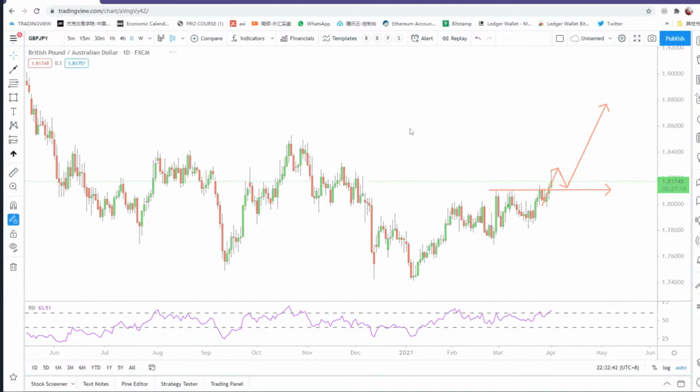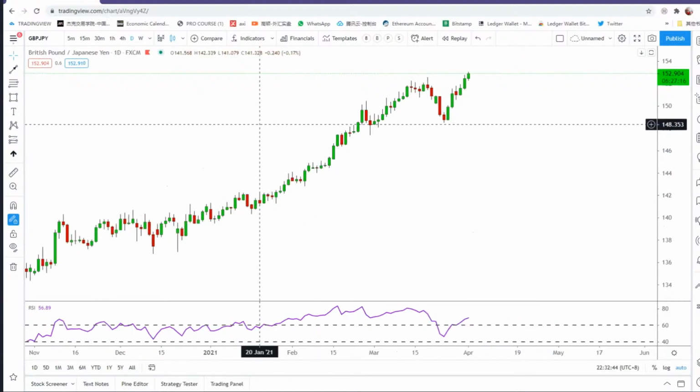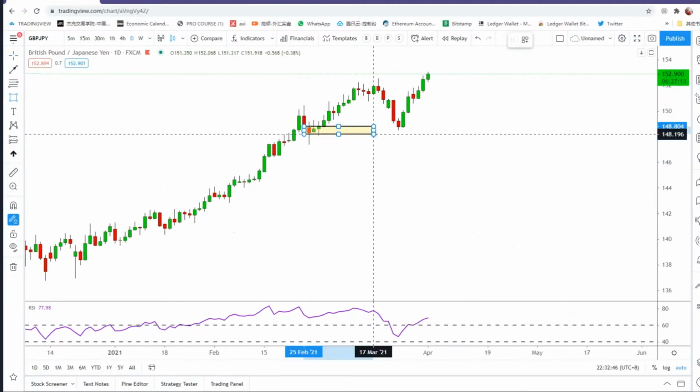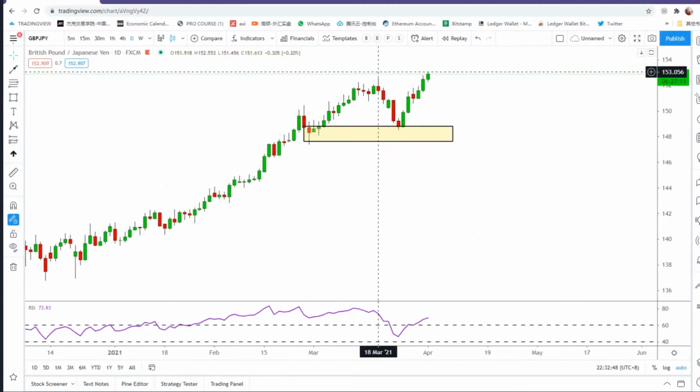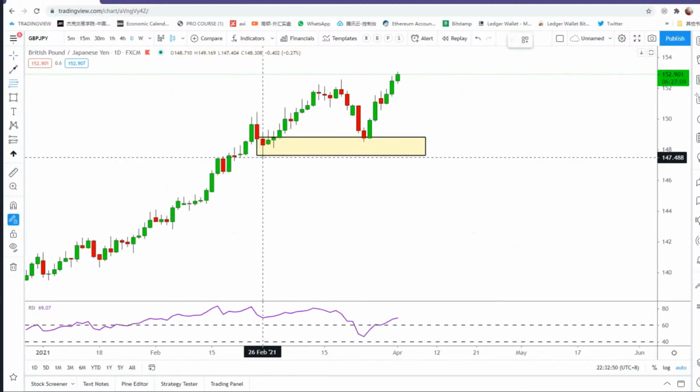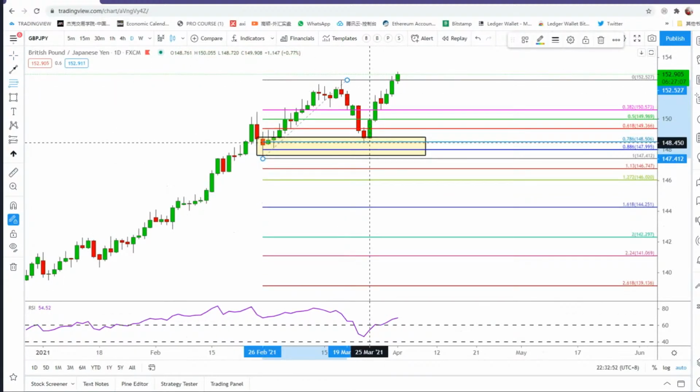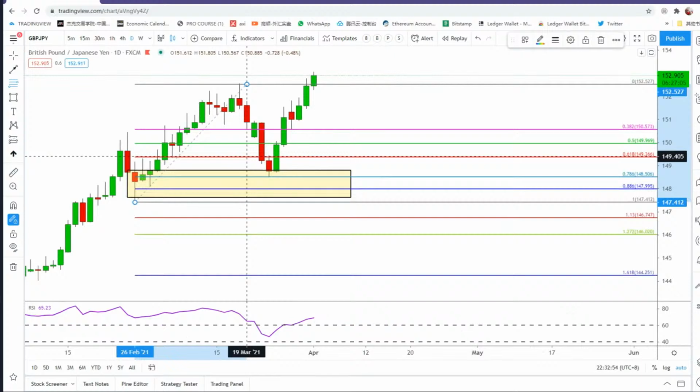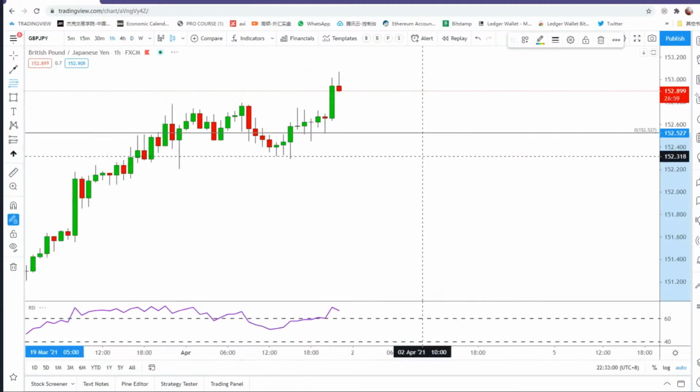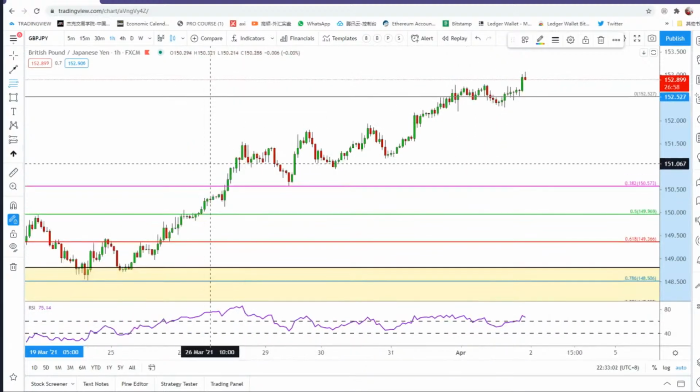For the sterling yen, very strong. Last week we saw this area as a very strong support area, which is also the Fibonacci 76, and then the 618 was penetrated a little bit by an engulfing candle here. So go to the 1-hour chart. Where's the best entry? Let's check.